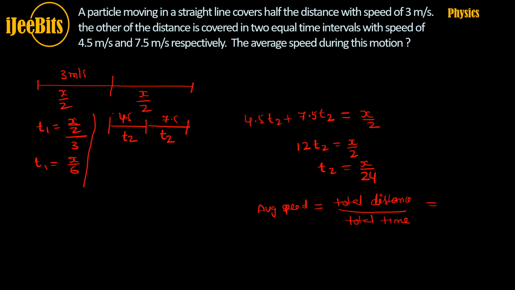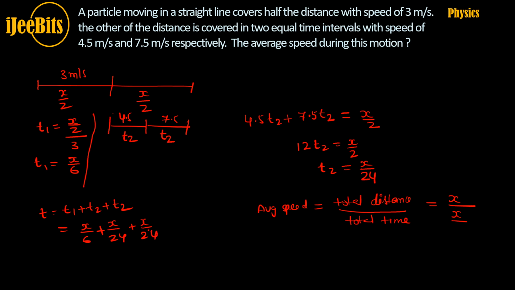X by 2 plus x by 2, it's x. Total time: how much do we have? Let's say time t equals t1 plus t2 plus t2. So x by 6 plus x by 24 plus x by 24. Is it?